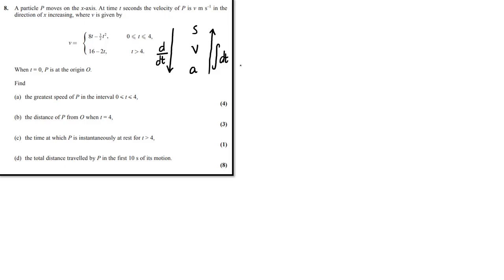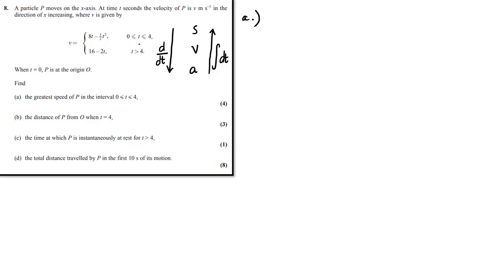For part A first, let's just read the question and see what we've got. We've got a particle P which moves on the x-axis, and at time t seconds, the velocity of P is v meters per second, in the direction of x increasing. So v is given by this expression here, and we've got two intervals defined for v.